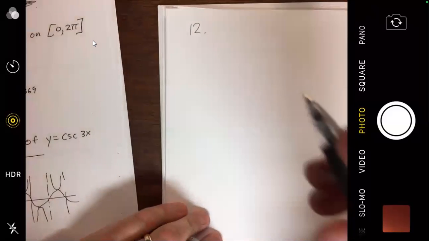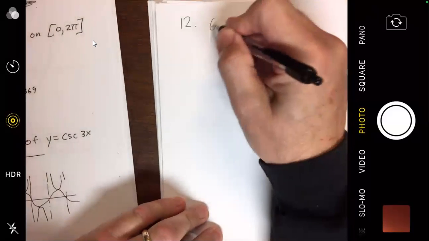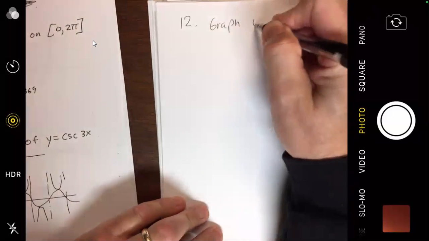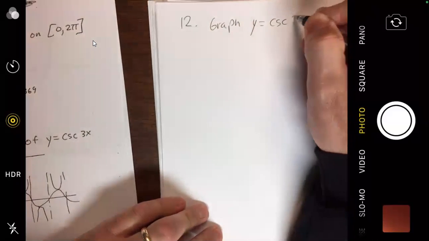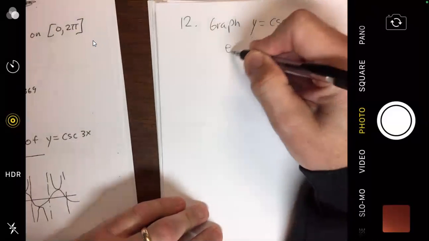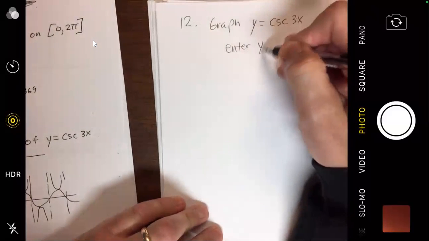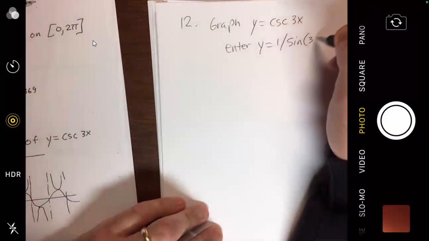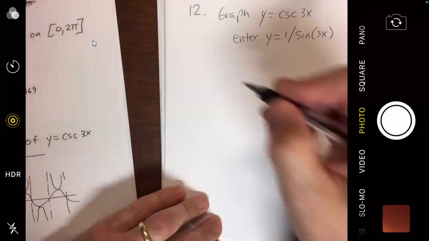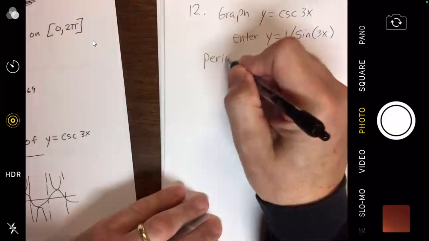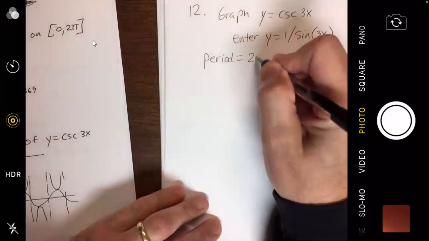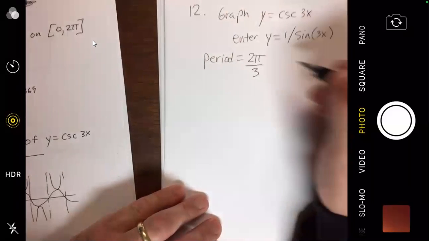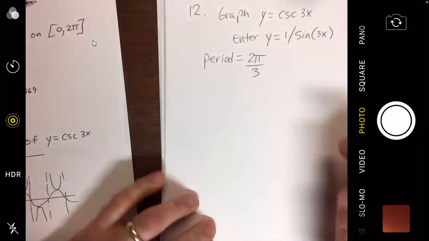Sketch a graph of cosecant of 3x. You would enter 1 divided by sine of 3x. The period is 2 pi over that coefficient, 2 pi over 3.